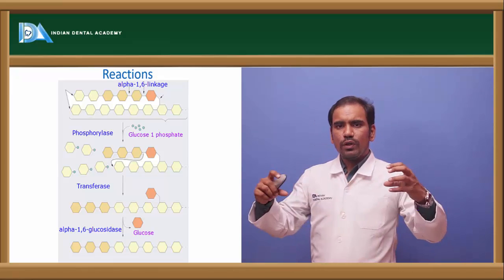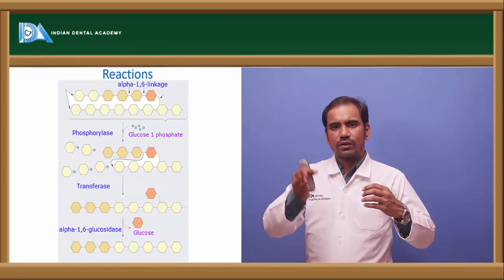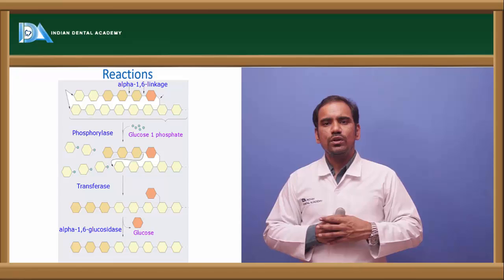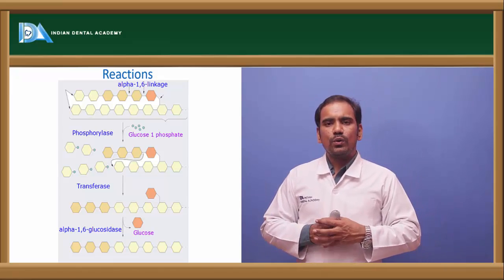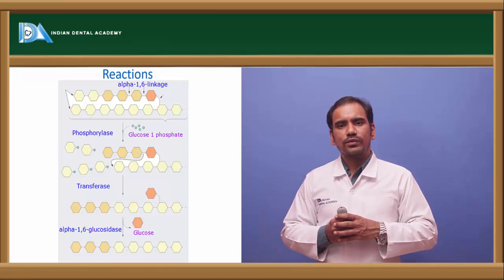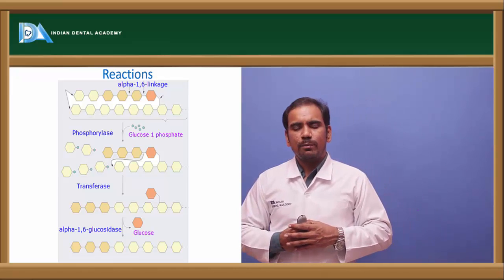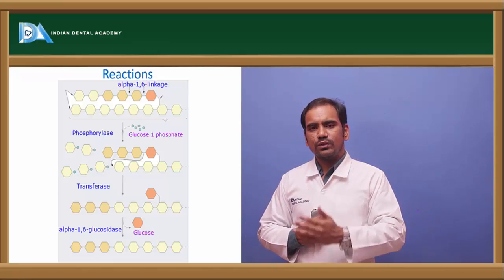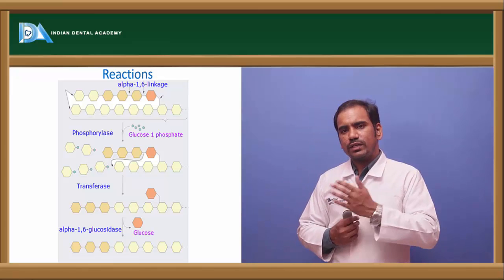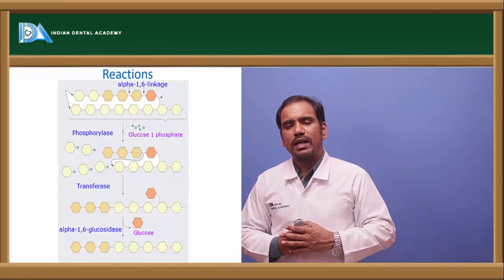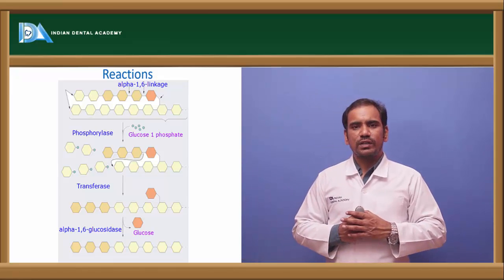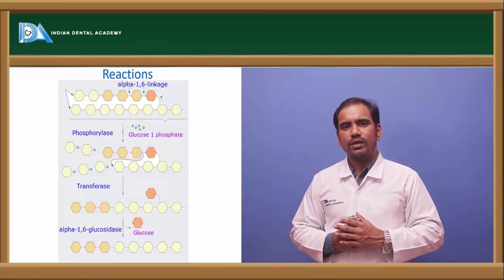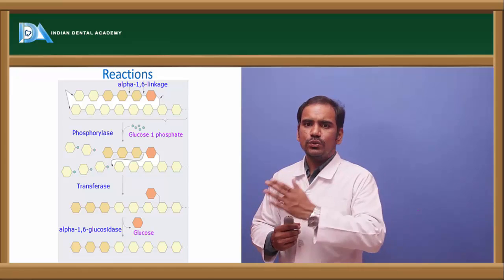So now we have only a linear chain. Again, glycogen phosphorylase comes into action and releases all the glucose units as glucose 1-phosphate. Those glucose 1-phosphates are converted to glucose 6-phosphate by the enzyme mutase. Glucose 6-phosphate is further converted into glucose by the enzyme glucose 6-phosphatase in liver. Whereas in muscle, there is no such enzyme which can convert glucose 6-phosphate into glucose.